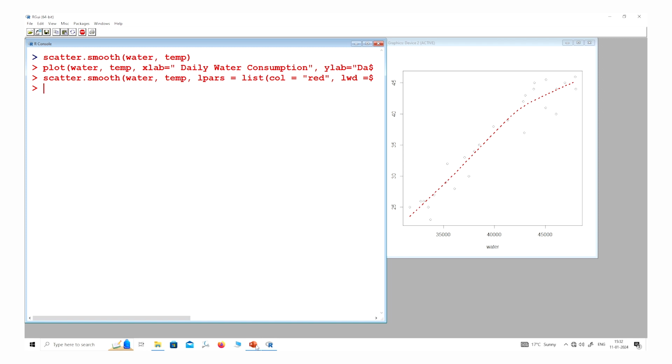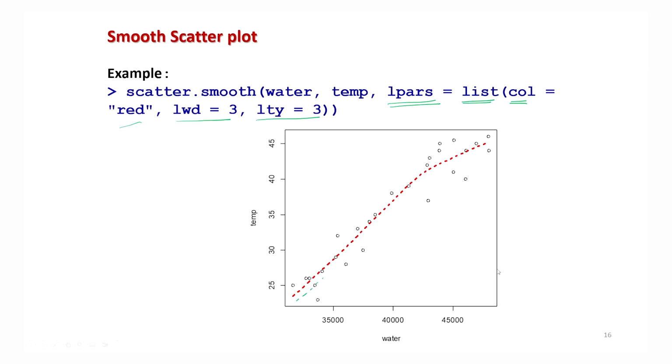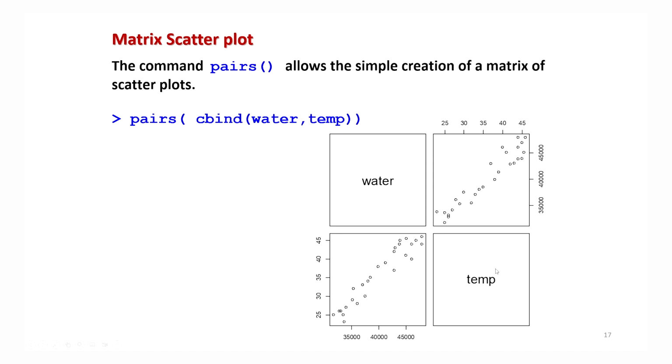So now you can experiment with different values and see how you can make use of this plot command to give you the proper information. Now I try to extend this plot command to a multivariate setup, right?